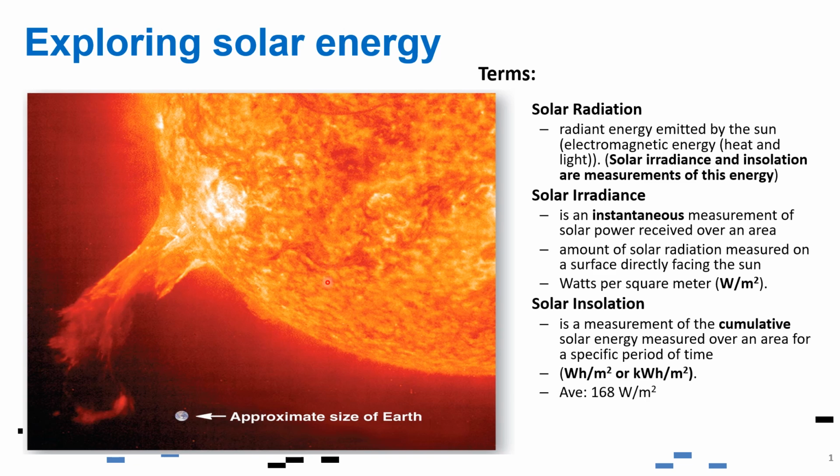Because of this very hot temperature, and the size of the sun being around 300,000 times bigger than the Earth, it emanates a lot of solar radiation. The solar radiation is in the form of electromagnetic radiation. When we say electromagnetic radiation, it's like waves of light and heat coming towards the Earth.